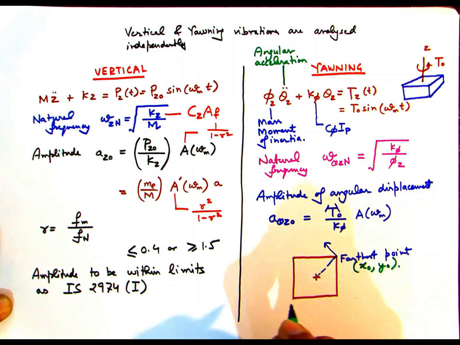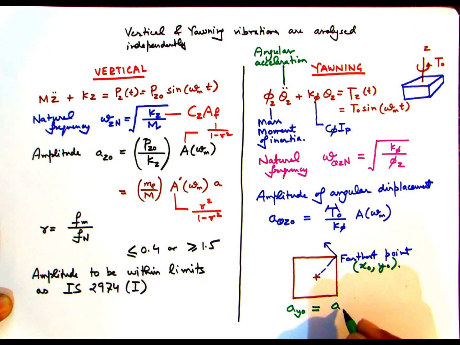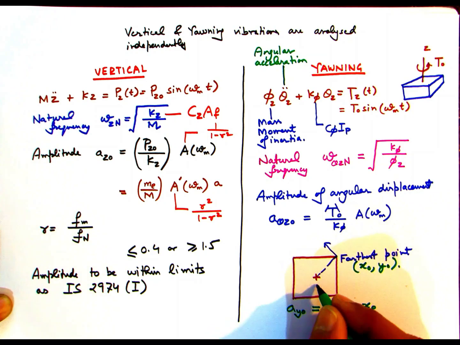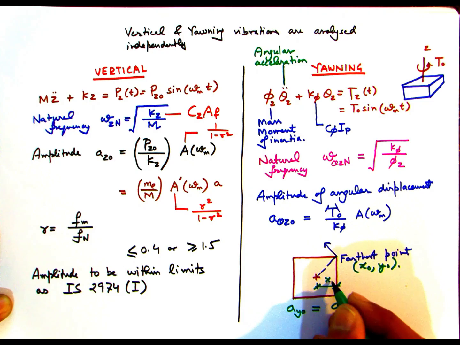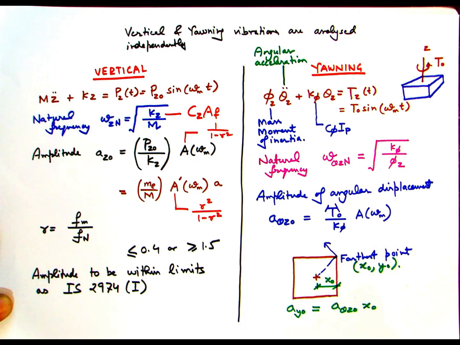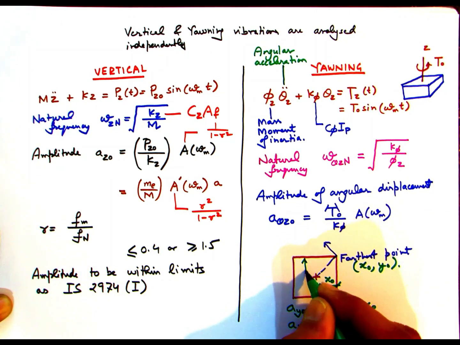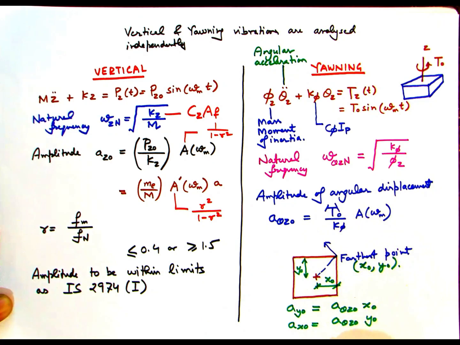So if the coordinates of this point are known, x0, y0, then we can write the expressions for the displacement amplitude in terms of the angular amplitude as we are writing here. Basically, for getting the y component of the displacement, we have to multiply the angular displacement amplitude with the x coordinate, and similarly to obtain the x component, we multiply the angular displacement amplitude with the y coordinate of the point.